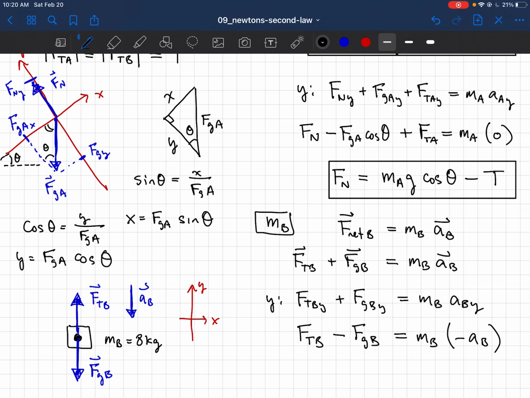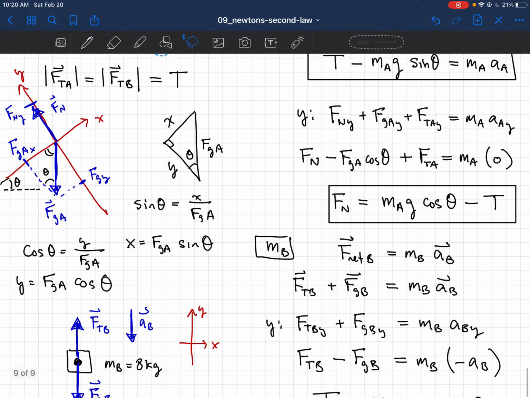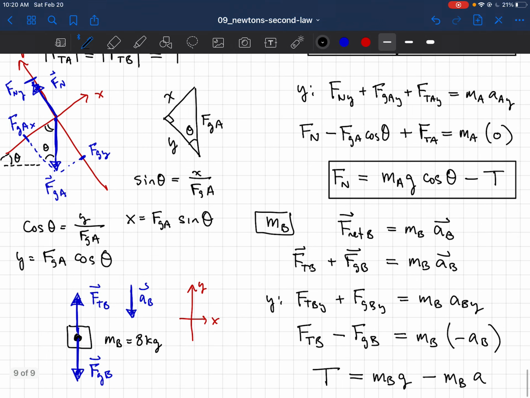So what does this equation give me? Well, T_B becomes T, F_GB becomes m_B g, the definition of the force of gravity, and then I have m_B a_B. Well, remember, both the magnitude a_B and the magnitude a_A we can write as a, so I actually can write this as just m_B a.